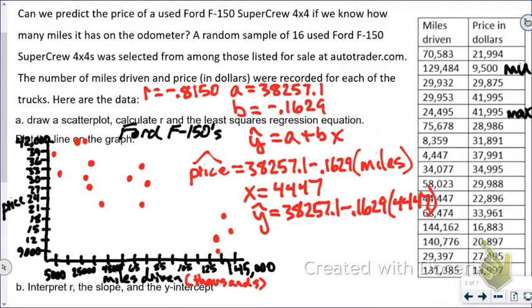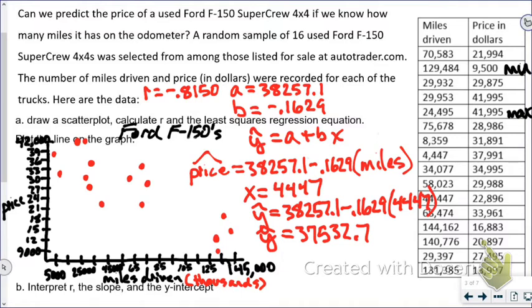I'll let you pause it for a second or type away. I'm typing it myself, and I got 37,532.7. So that's a price, so that's dollars. That's the predicted price given that a Ford F-150 has 4,447 miles on it.